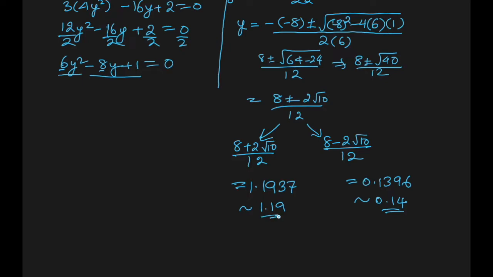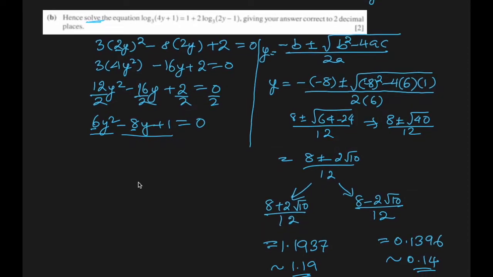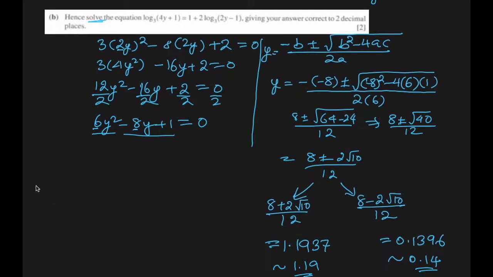Okay, but let's see if it works for the log, because this is a case of logs. In logs, not every answer works because we cannot have a log of a negative number or 0. Log 0 is undefined. Log of a negative is undefined. So these two cases cannot be accepted.